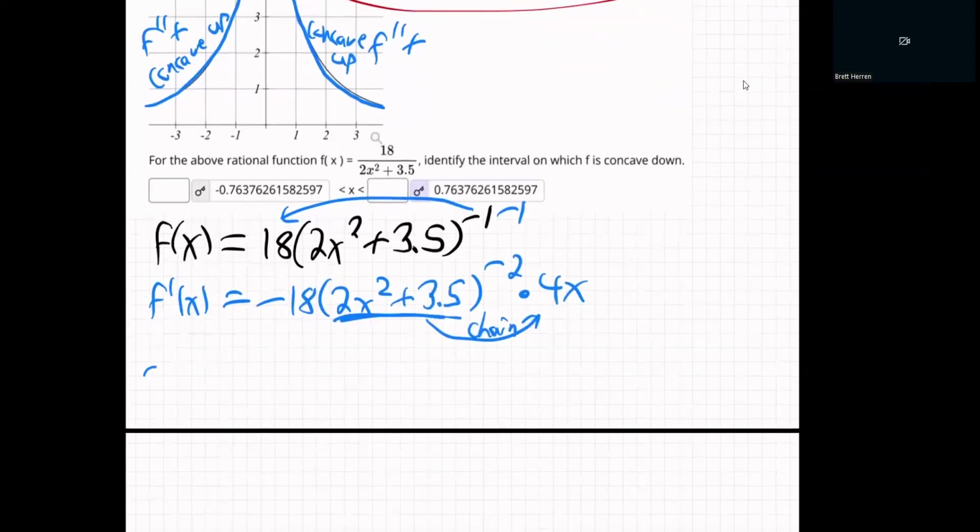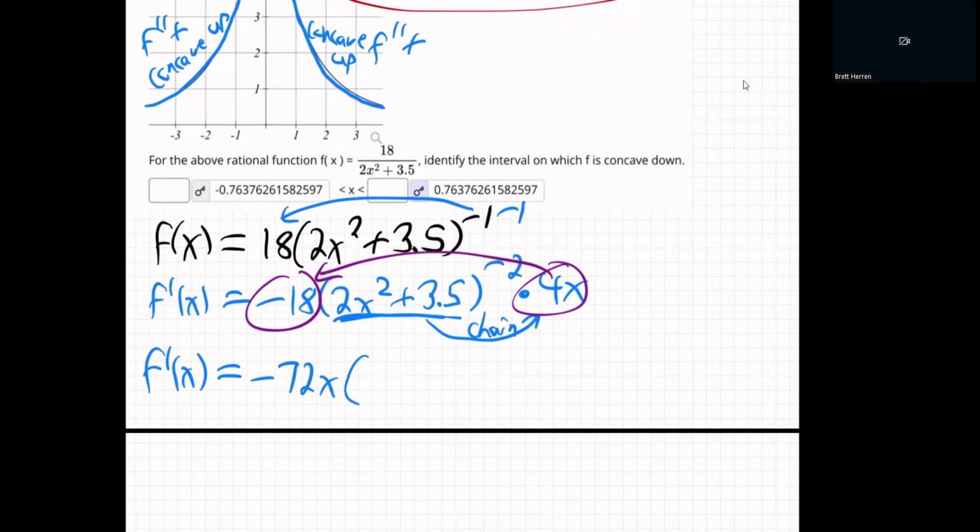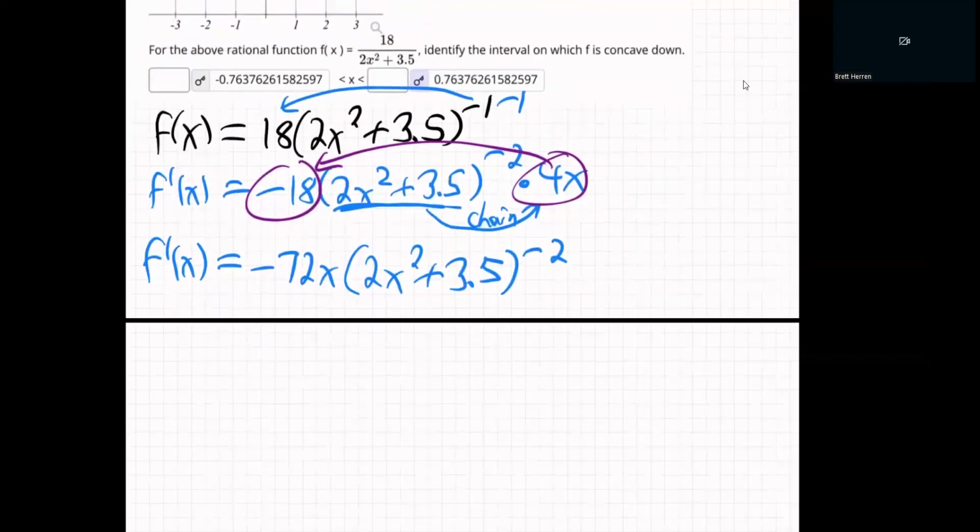Okay, let's clean that up a bit before we do another one. Let's multiply this and this, just bring this right here and multiply it. Use your calculator, and you'll get minus, what's that, 72x times 2x squared plus 3 to the minus 2. All right, that's a little cleanup.